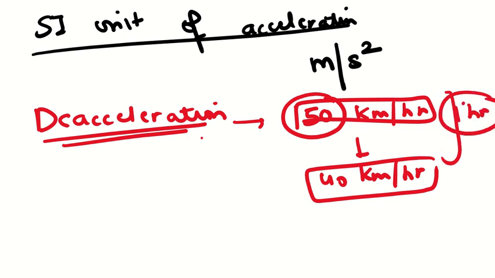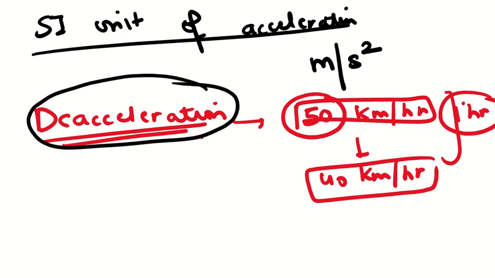Then the velocity of the car hasn't increased, it has decreased. So here it is not acceleration, here we call it deceleration. When there is a decrease in the velocity of the body, we say it is deceleration. The formula for deceleration is the same as that of acceleration. We will say that there is a deceleration of n, right? Okay, I hope you have got this topic.